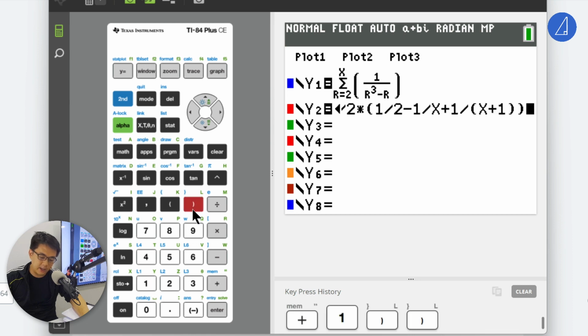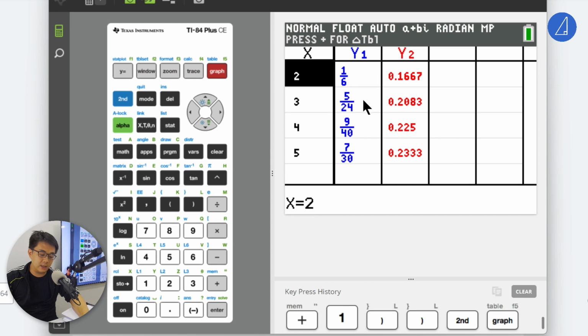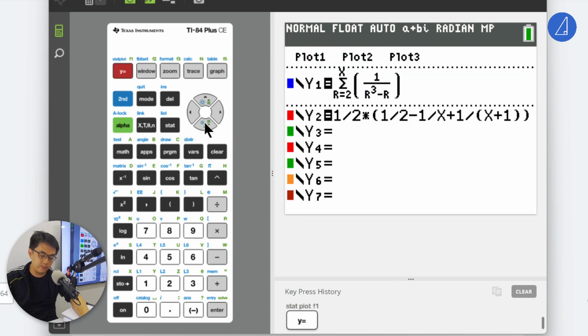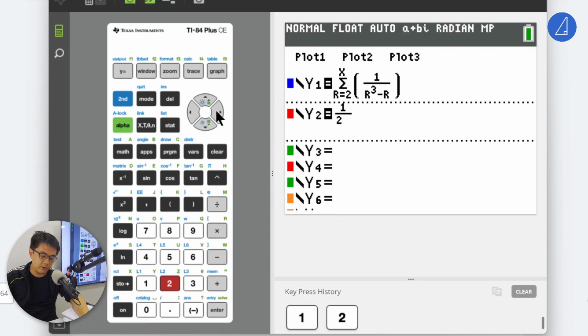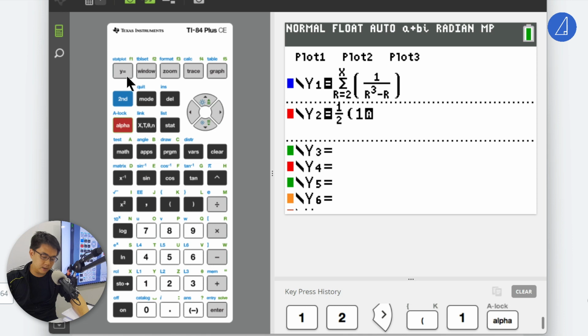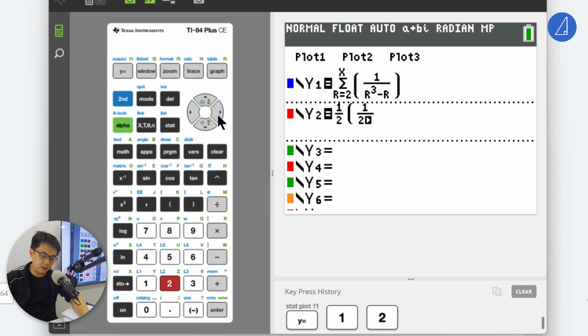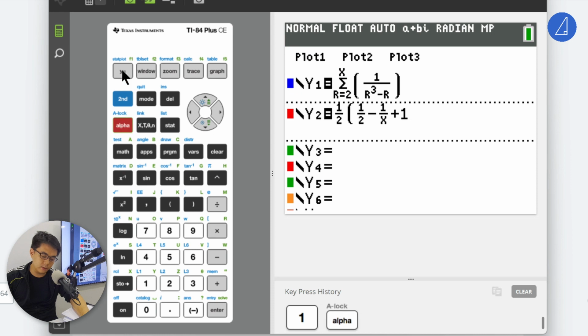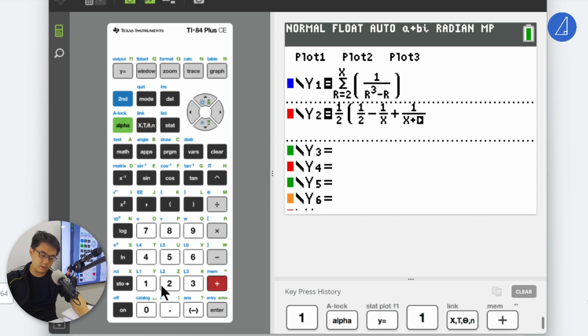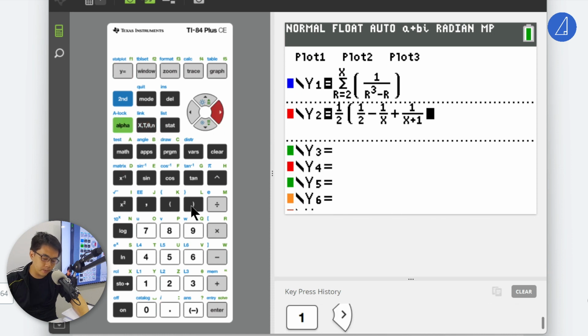Okay, so this is what I get. Hopefully the answer tallies. Oh, because I never put in fraction form. If you wonder why one side you get decimal, it's because the other side you also need to put in fraction form. I was lazy just now. So minus 1 over x, then this guy will be plus 1 over x plus 1. Okay, so you just close the bracket.